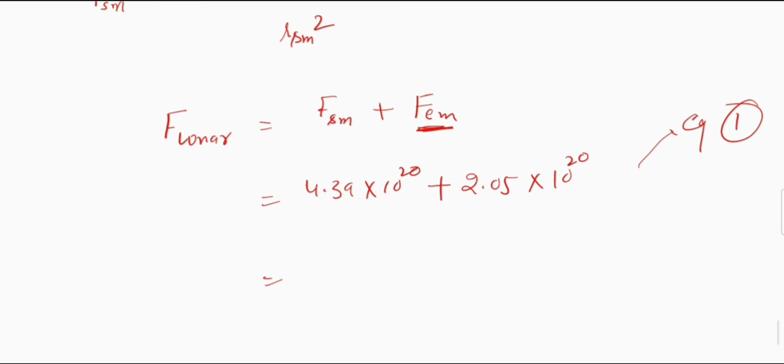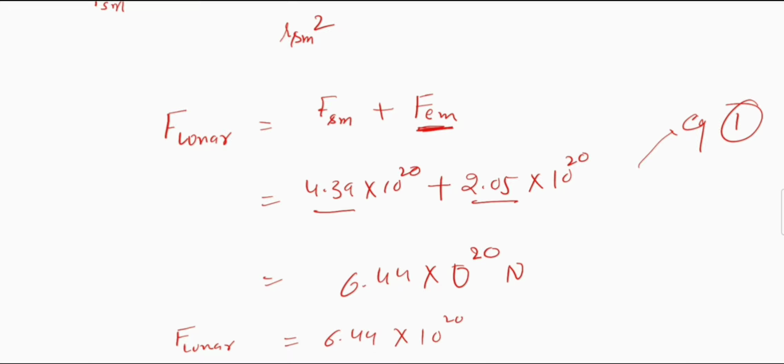If we add these two, we'll get 6.44 into 10 raised to power 20 Newton. So the force during the lunar eclipse on the moon is equal to 6.44 into 10 raised to power 20 Newton, and it will also be towards sun.